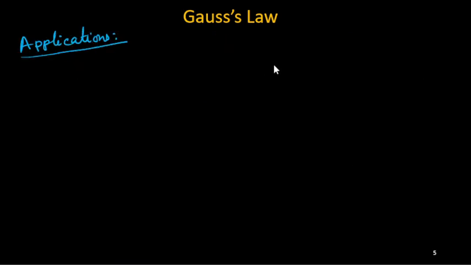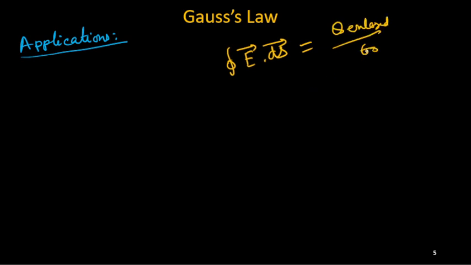Before the applications, I want to show you the differential form of this Gauss law. Using the divergence theorem, what can we do? The closed surface integral of E dot dS is the charge enclosed upon epsilon naught, and this I can write as the integral of rho dV upon epsilon naught, where rho is the volume charge density.